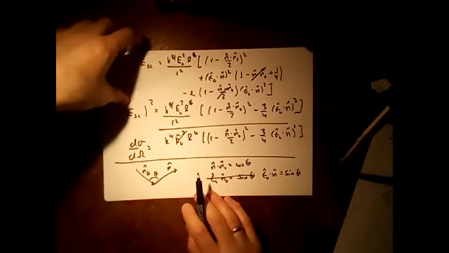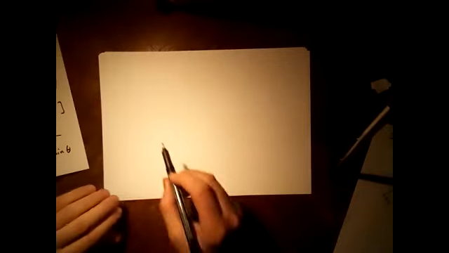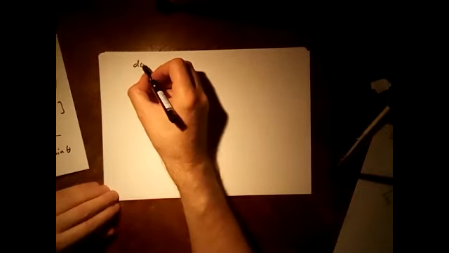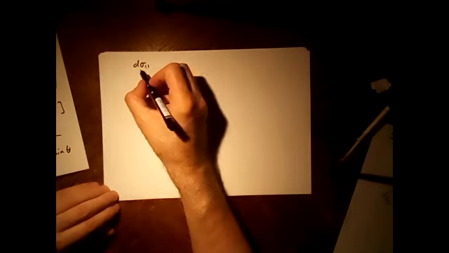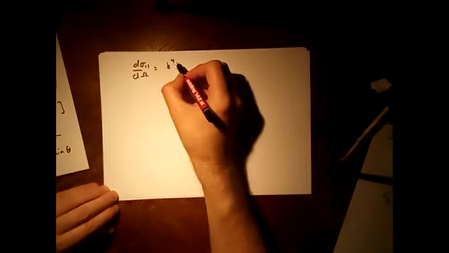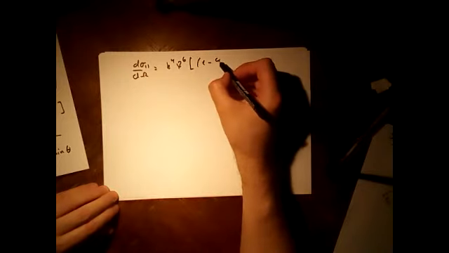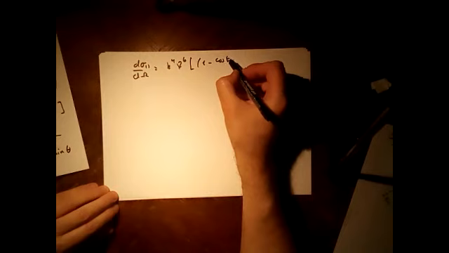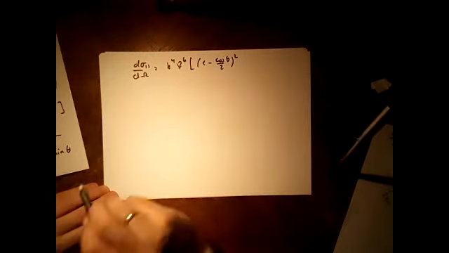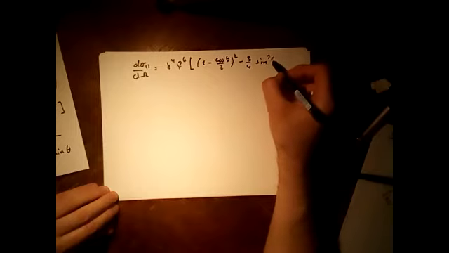So in this case, when the polarization is parallel to the scattering plane, you have a differential cross section which is k to the fourth times ((1 minus cosine theta)/2) squared minus 3/4 sine squared theta.